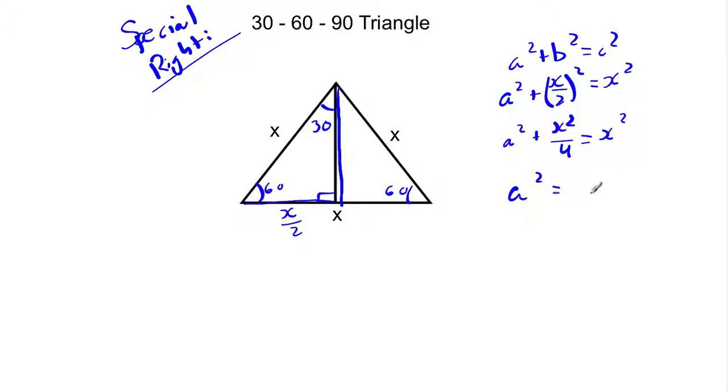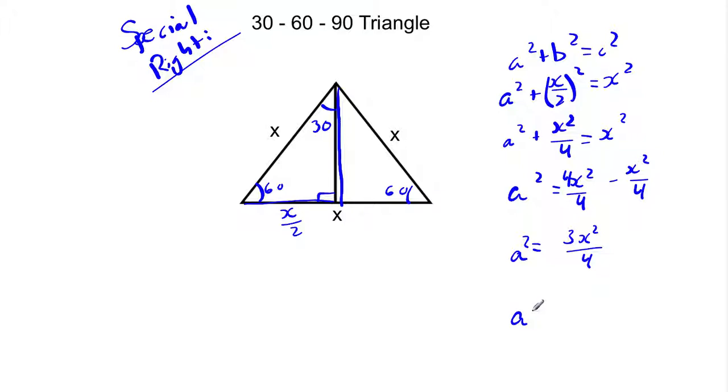So a squared is equal to x squared minus x squared over 4. But this is going to be 4x squared over 4 because I need common denominators to subtract fractions. So I get 3x squared over 4 is equal to a squared.